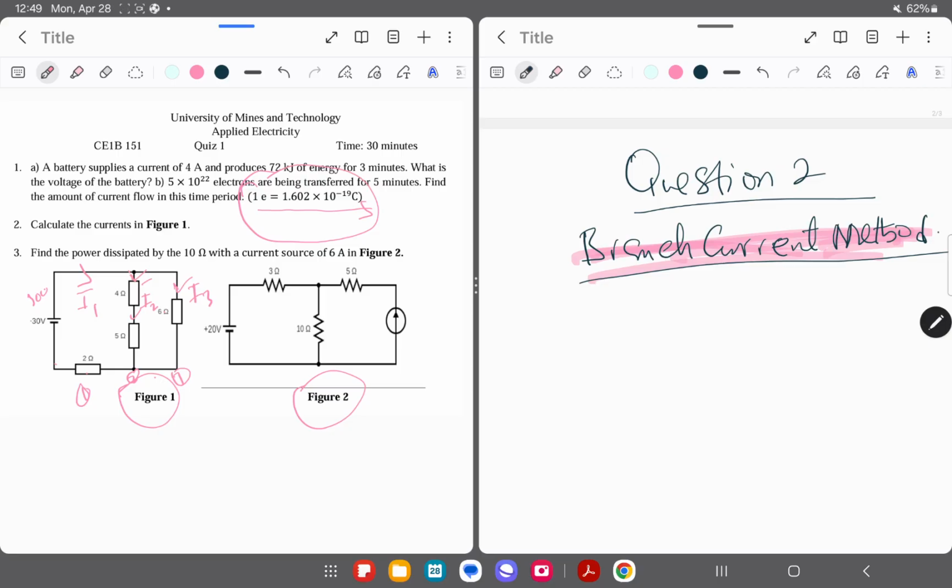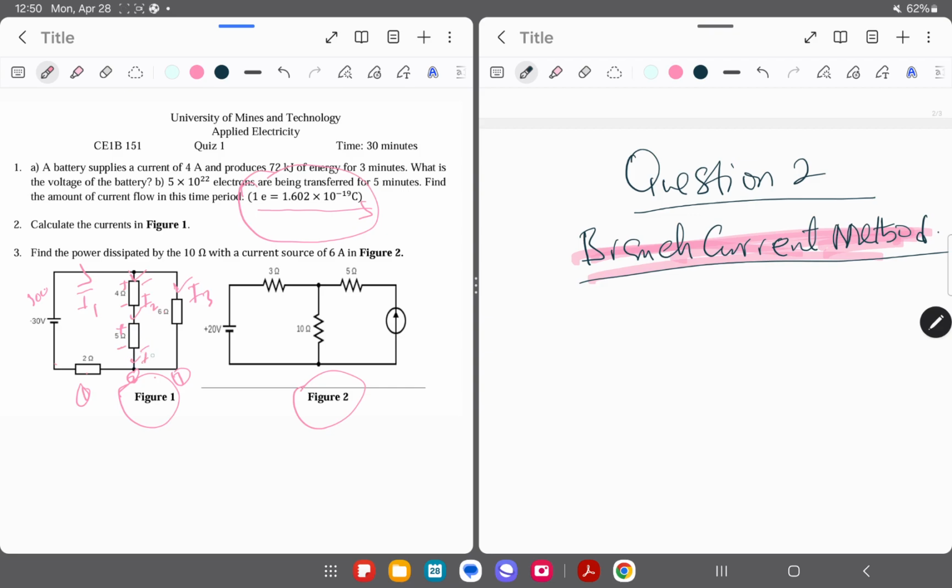In indicating the polarities for the 4 ohms resistor, I'm going to have plus and minus, because the current enters from the positive and leaves at the negative. Now for the 5 ohms, again the polarity is plus minus.